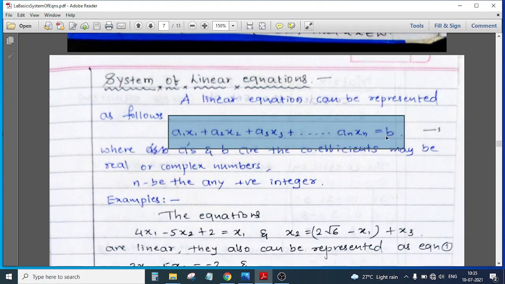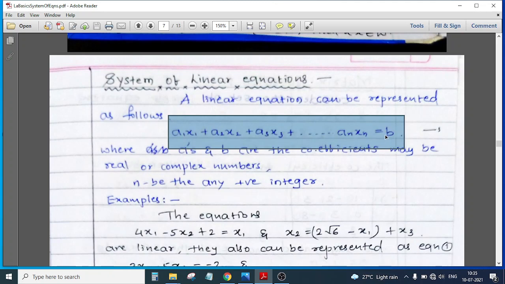Now what does it mean? It means that all our variables with the coefficients are on one side, and all our constants, which could be a real number or a complex number, will be on the other hand side.